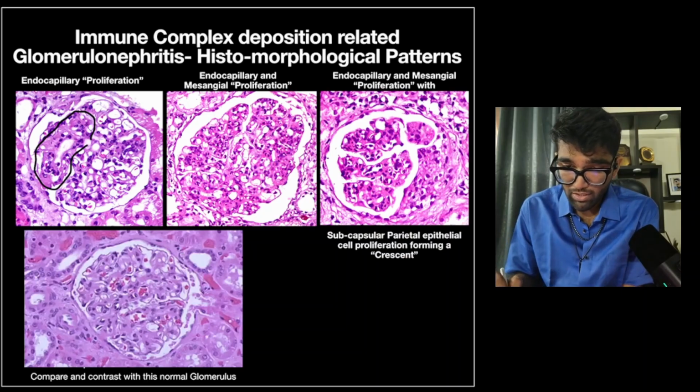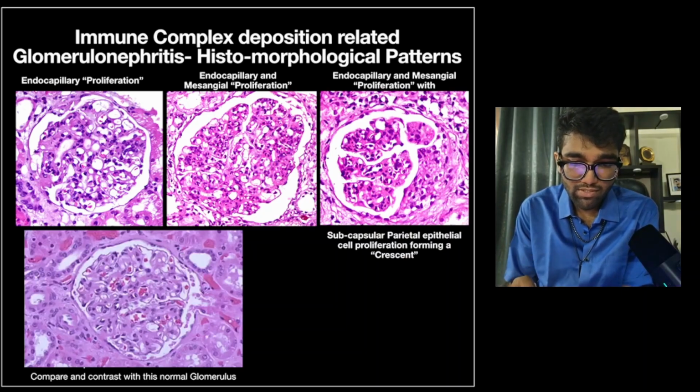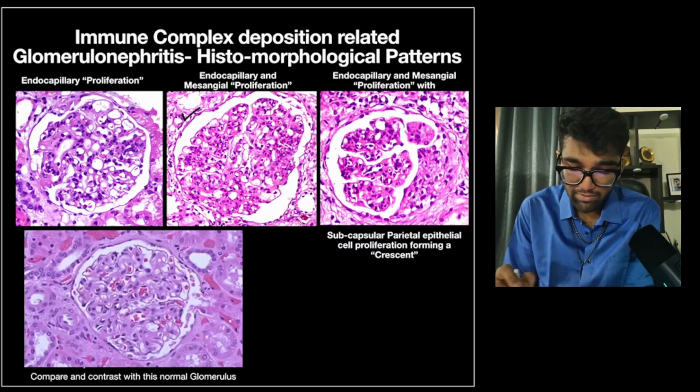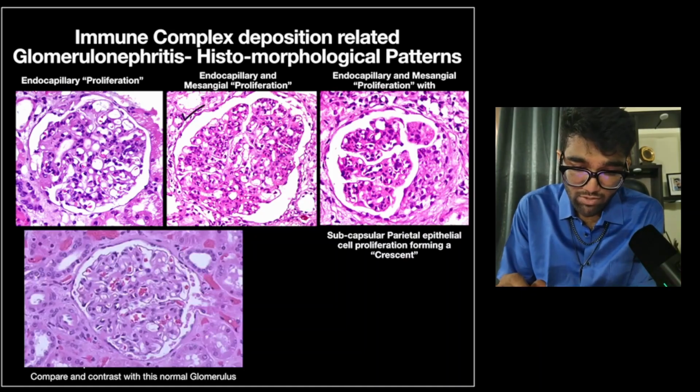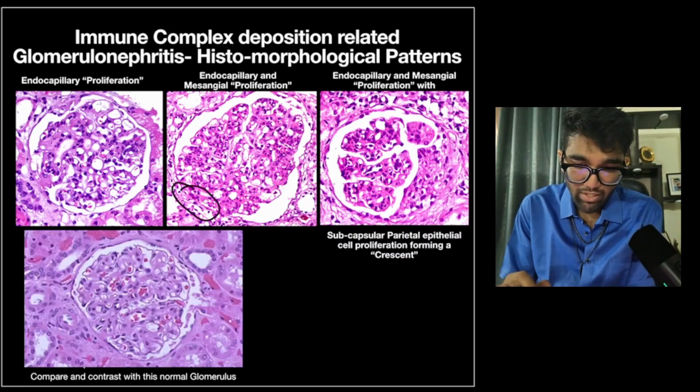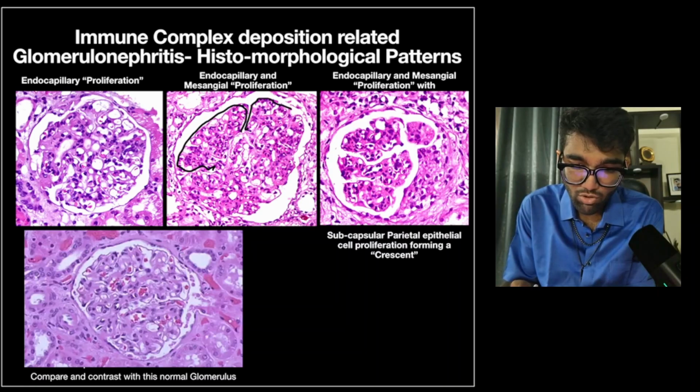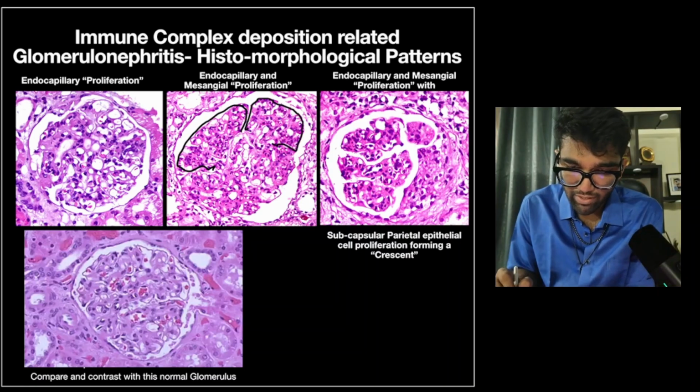Okay. Now, how is that different from this second diagram? That is this diagram, this photomicrograph. So again, this is the vascular pole. There we cannot see the PCT. Here, what we find is that there's a lot of increase in cellularity. It's almost as if the glomerulus has achieved almost a lobulated appearance, and we'll get to that later.